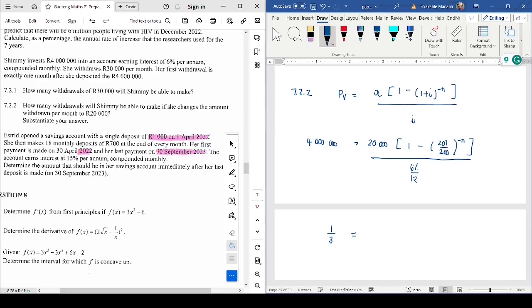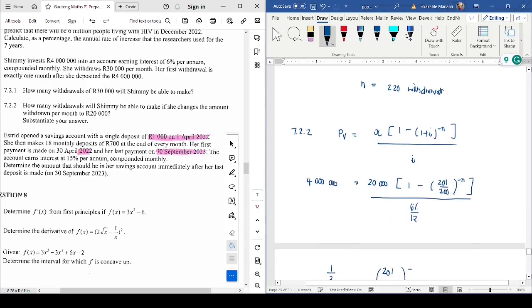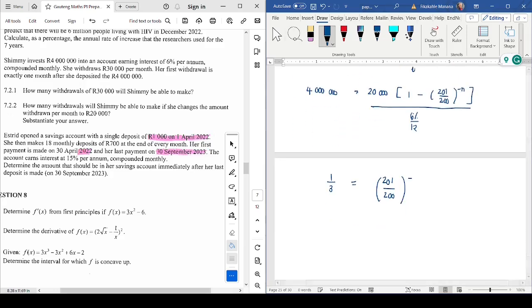And I have a third. And then on the other end, I have 201 over 200. No, it will not be a third because now we are dividing by 20,000.